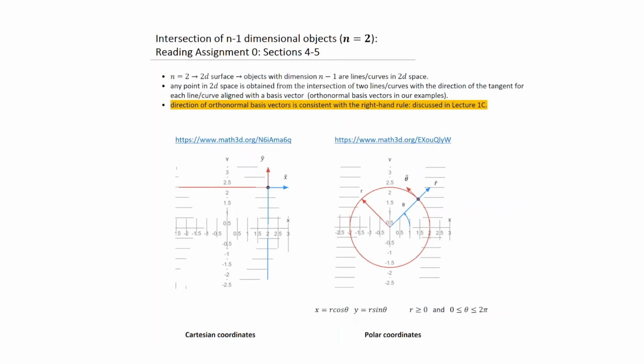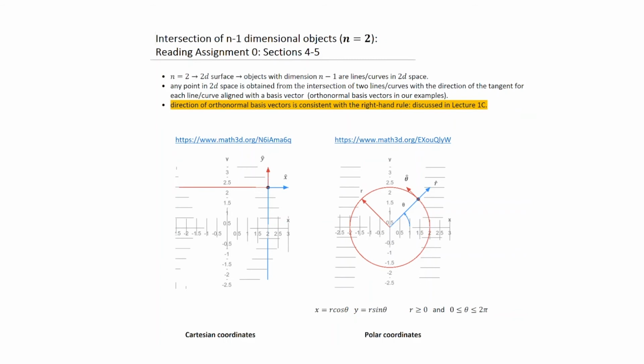Now, the interesting thing here is, if you, for instance, increase the radius of the circle or move the line so that its angle theta is different, then you'll find that the direction of theta hat and r hat on the xy plane will change depending on the location. That is something you'll immediately see as soon as you're dealing with curvilinear coordinates. Not the case with Cartesian coordinates.